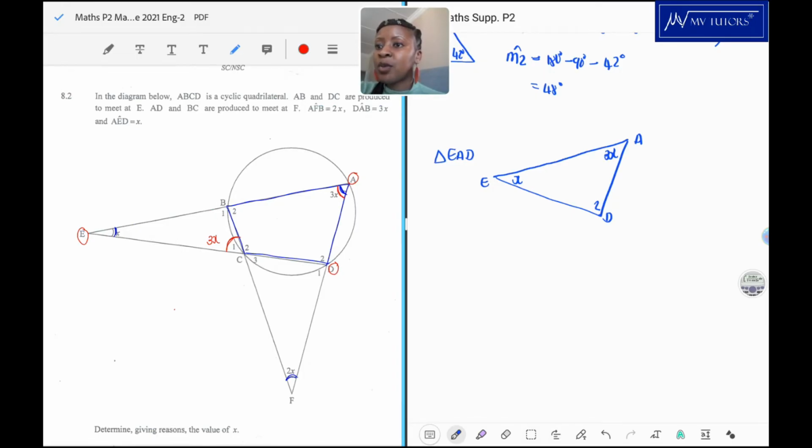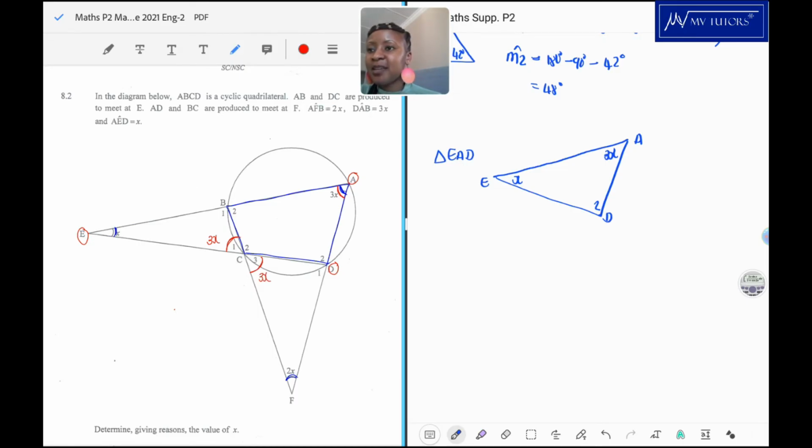I also know that D1 is equal to B2. We don't have anything there. What else can I see? External angles, B1 is equal to D2, no. If I look at, which one? Oh, so C1 is 3x, and vertically opposite angles, I also have 3x here.